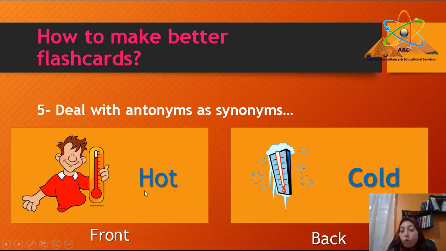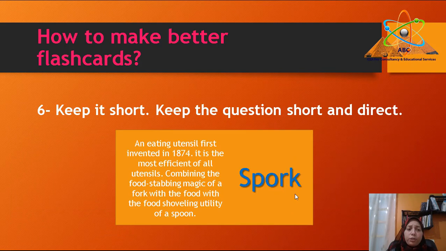This one is the front and this one is the back. That of course makes the memorizing process easier and simpler. So one card from here, hot, and if you flip it, it is cold. Hot, cold, like this. And this is easier for you and for the student.